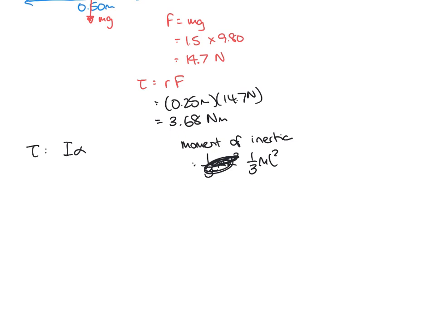So if it's 1/3 ml squared, 1/3 times the mass, which we know is 1.5 kilograms, L here is 0.5 meters. And this turns out to be 0.125 kilogram meters squared.